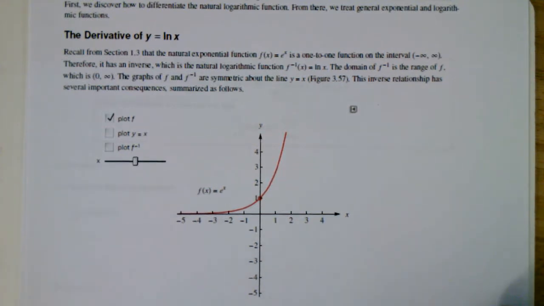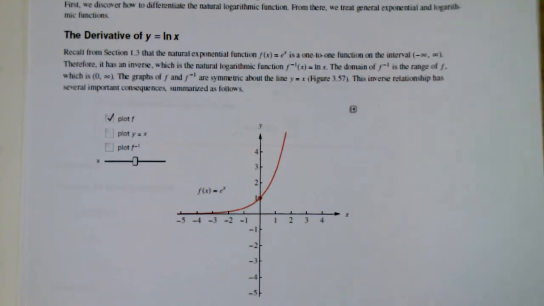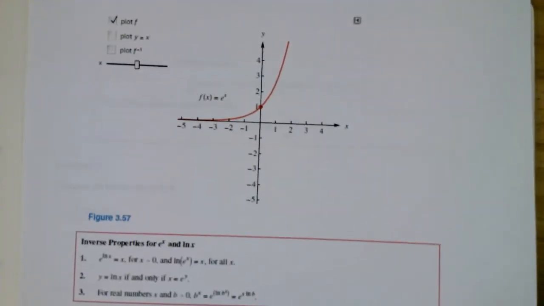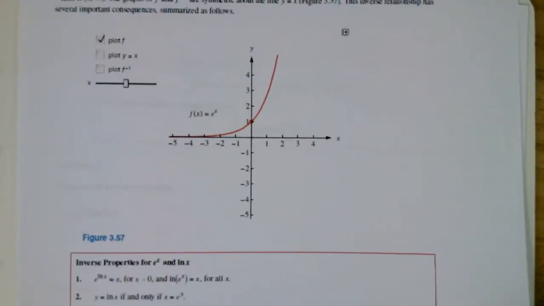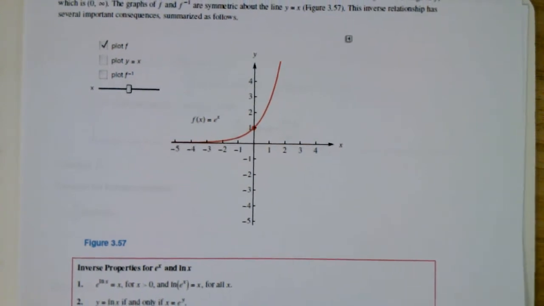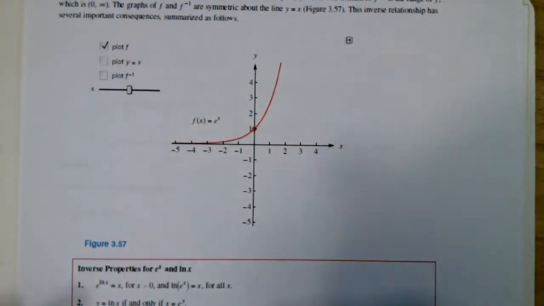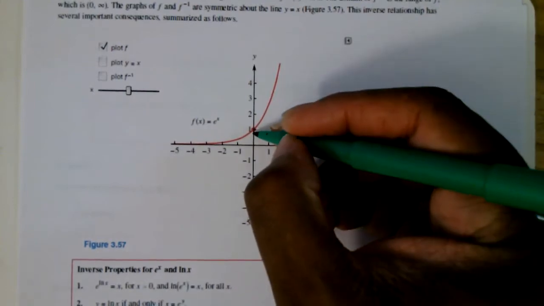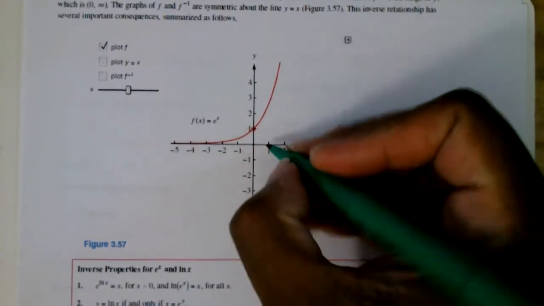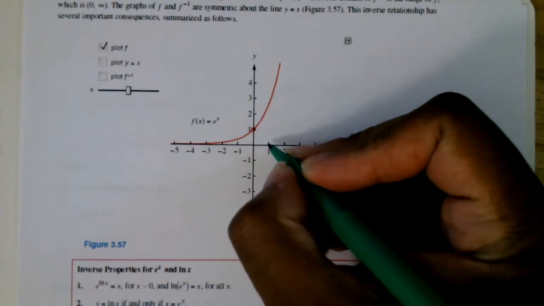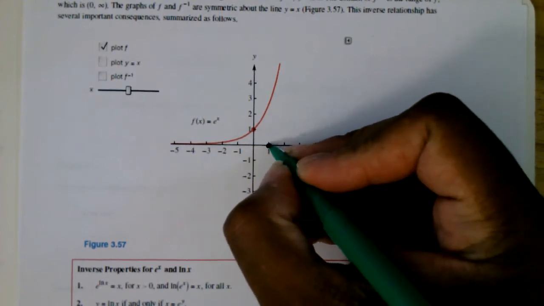to x. So in this case, this is pretty much the graph of f of x equal to e to the x. Now, if I was to come up with the inverse of that function, I know that this point right here is (0, 1). So that means for the inverse, I can swap the ordered pairs, it will be (1, 0).